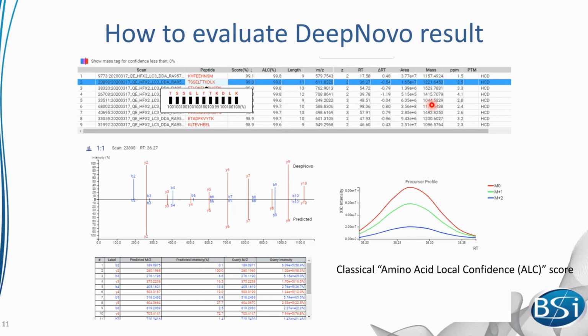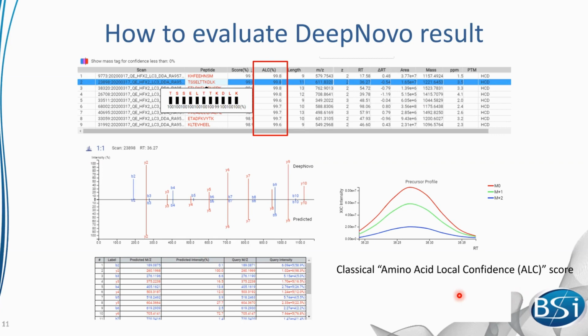For those who are familiar with the PEAKS version, you know that we have a score called the ALC score, the amino acid local confidence score. If the score is higher, that means this PSM is very good, so this may be a right match.